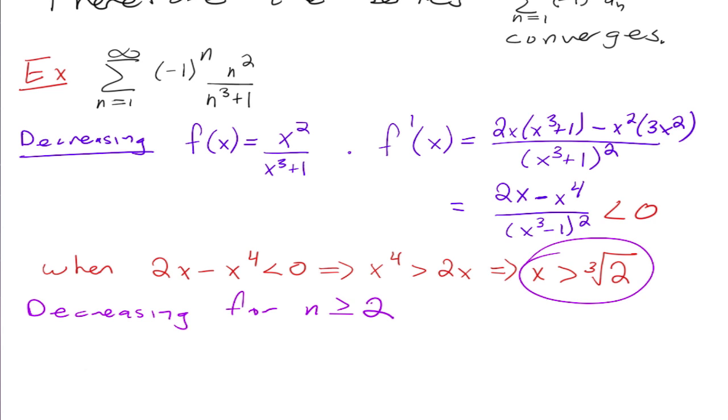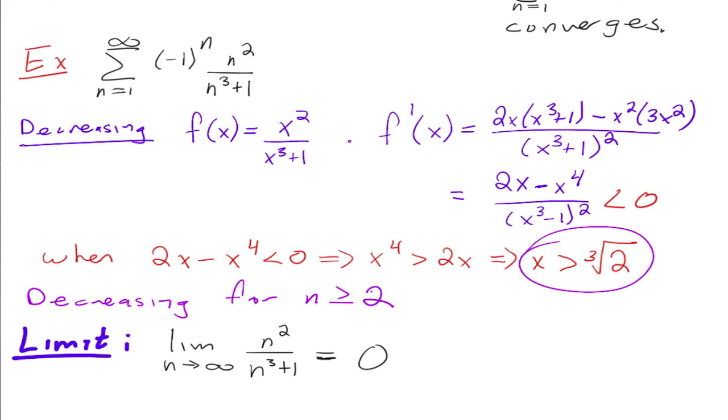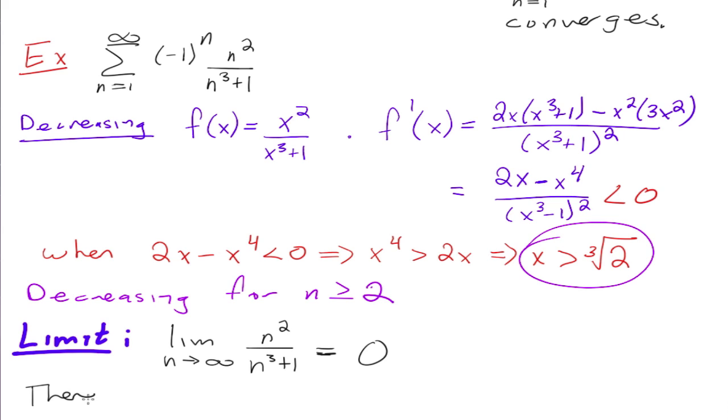Okay, so then the next part is the limit. I find the limit as n goes to infinity of n squared over n cubed plus 1. And if I do L'Hopital's rule a couple times, this is equal to 0. So therefore, what does that mean?